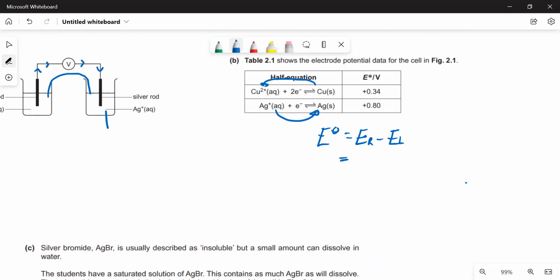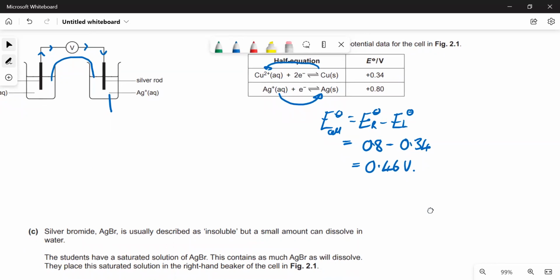The E right standard value is the silver one, that's 0.8, and the left hand is the copper, so that's minus 0.34 volts, which is equal to 0.46 volts.